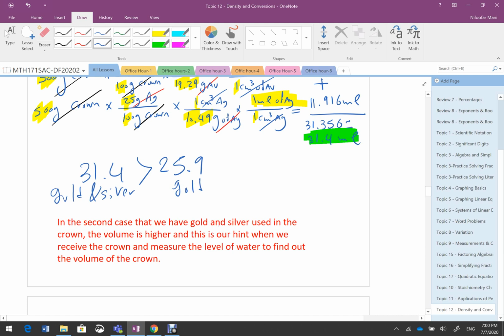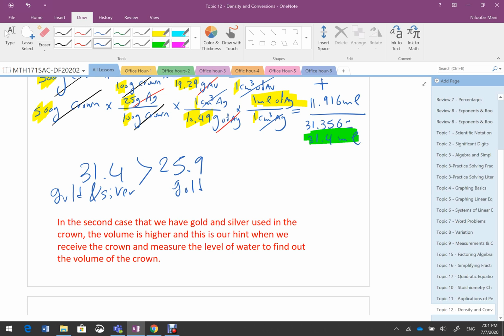I just guessed 75 and 25%. I can change the percentage, and for all of them it will be more than 25.9. So the volume is higher, and this is our hint. When we receive the crown and measure the level of water, if the volume of water is more than 25.9, then we can say yes, gold was removed and silver was added, and the person wasn't really honest.